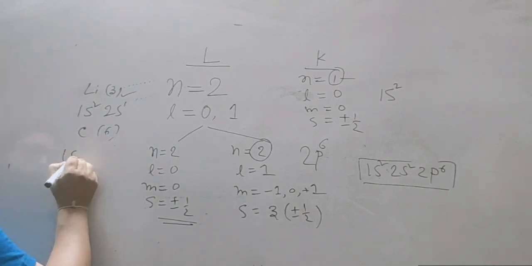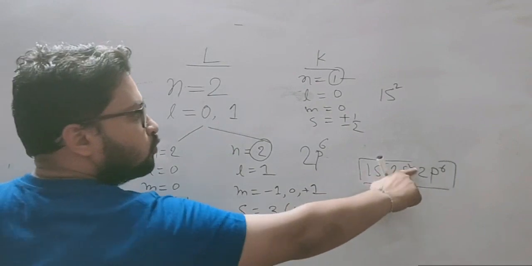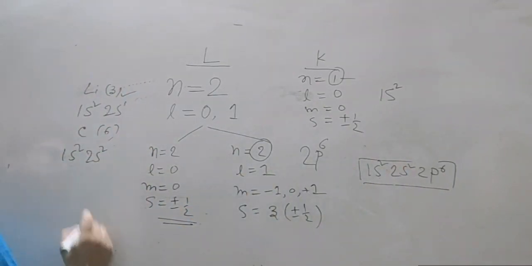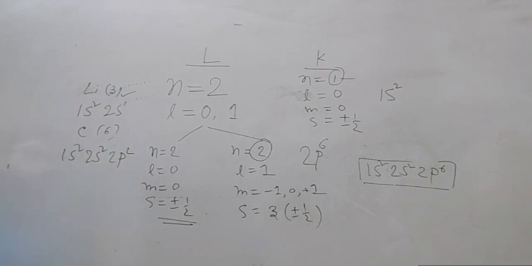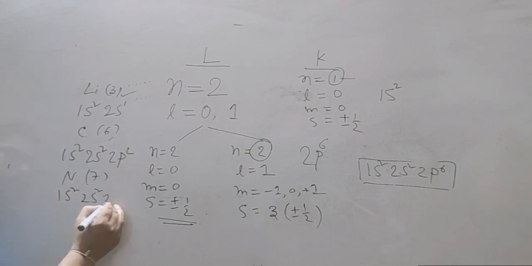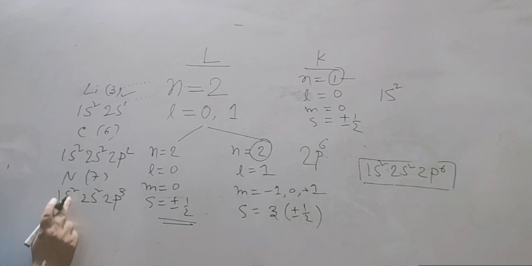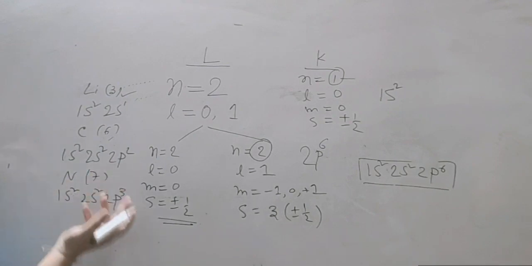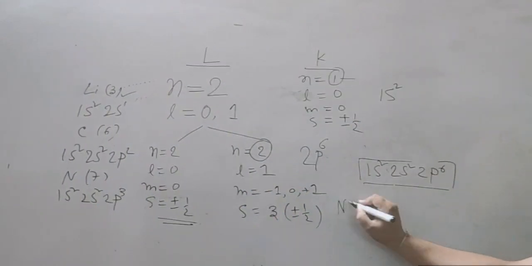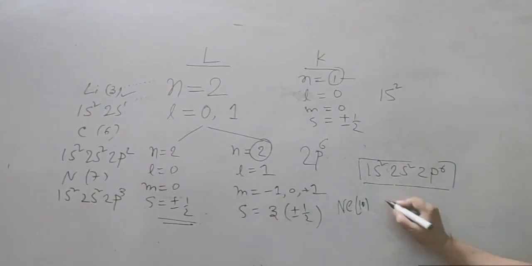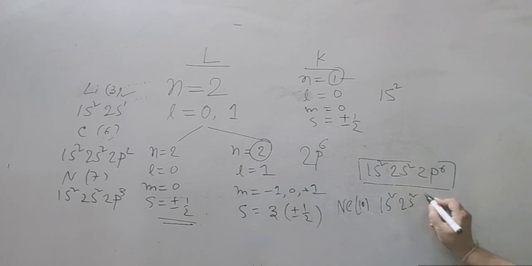So you can write 1s2, 2s2, and 2p2, since 2 to 4 and 2 is required. For nitrogen, the number is 7. So you can write 1s2, 2s2, 2p3. For neon, the number of electrons is 10. So you can write 1s2, 2s2, 2p6, that is 2, 4 and 6, 10.